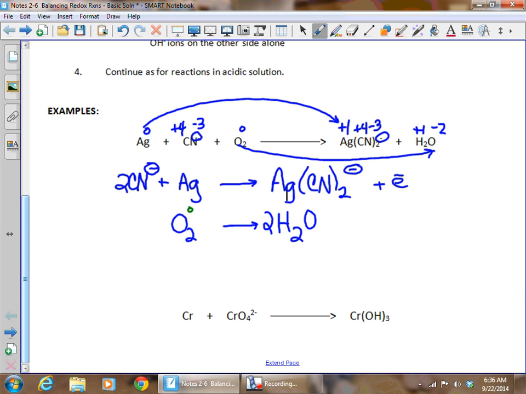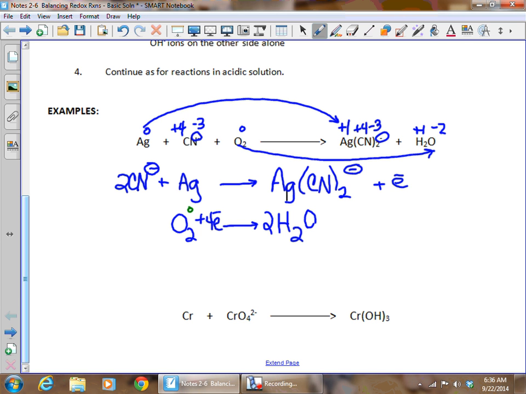And since oxygen on the right-hand side is a -2, but there are 2 of them, that's a total -4. So we've got a 4 electron change going on here, which means that we're going to need to add 4 electrons on this side in order to get those electrons balanced. So we now have our electrons balanced, and we balanced by mass for the element that's changing charge.